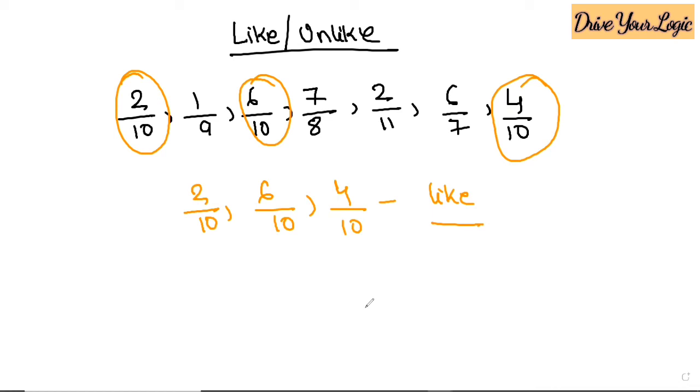Like fraction means whenever you are taking any figure and making it into parts, the total number of parts should be equal. So out of 10, suppose sometimes you are giving 2, sometimes 6 parts, sometimes 4 parts. So until you make the fractions like, you cannot do ascending, descending order, you cannot add, you cannot subtract.